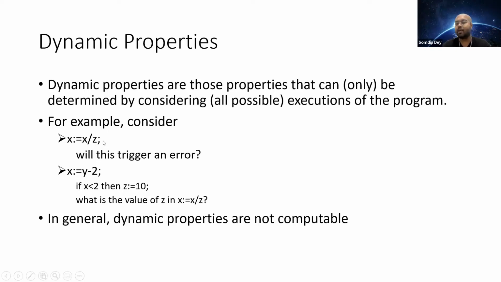So 2 divided by 1, technically it's 2, right? So the type of x becomes integer in this case, or float. Either way you can use, right? But what if the value of z was 0?